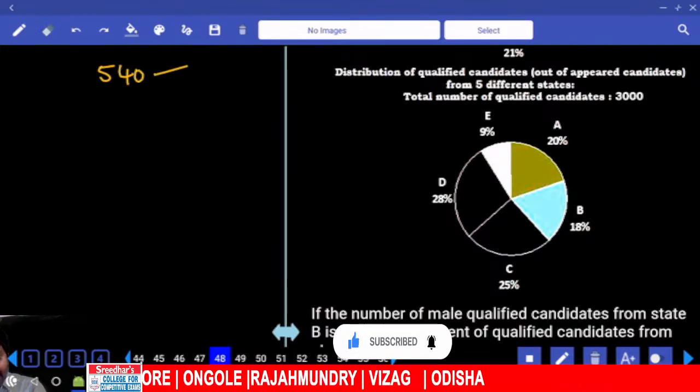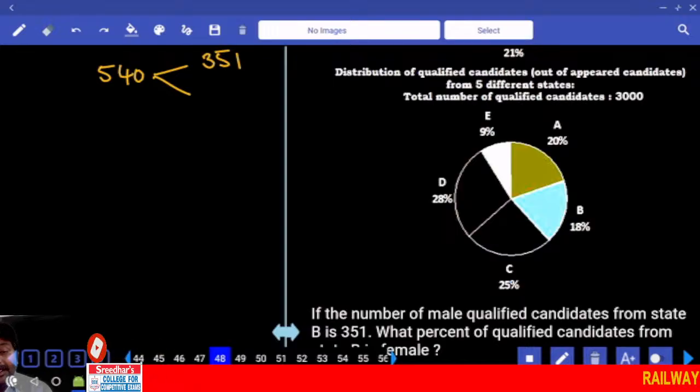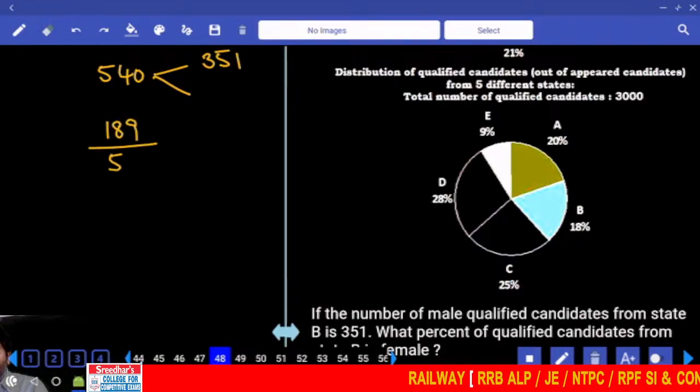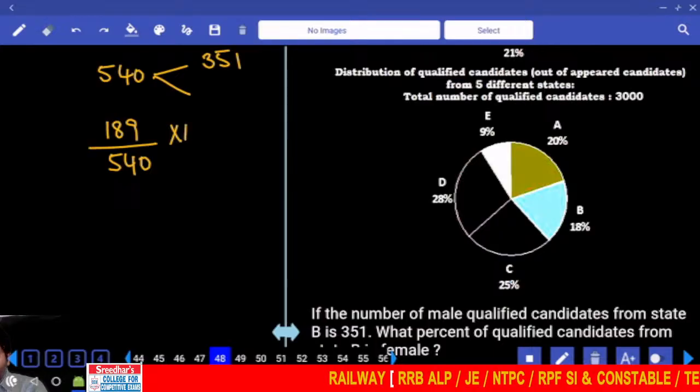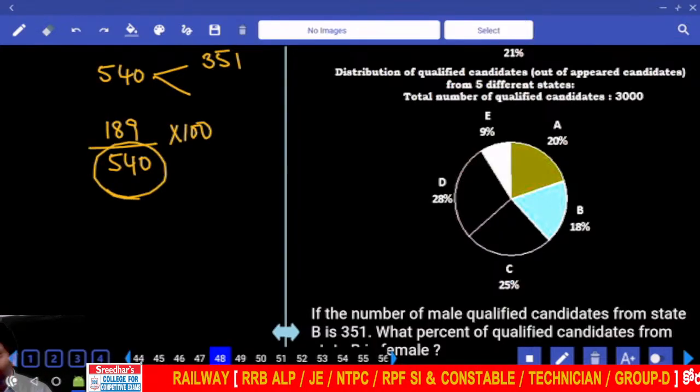Out of 540, male people are 351. Then remaining are female only, which are equal to 189. 189 female upon 540 percentage into 100. Look at the denominator, 540.